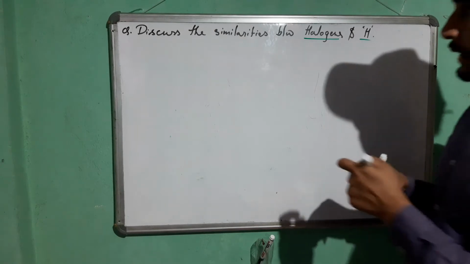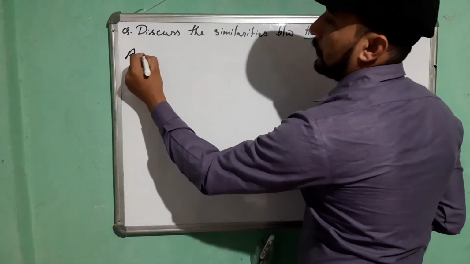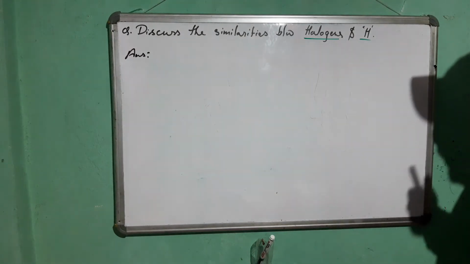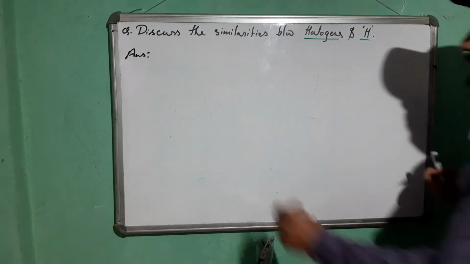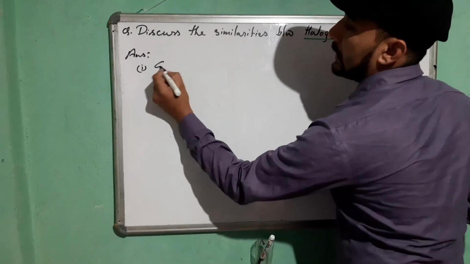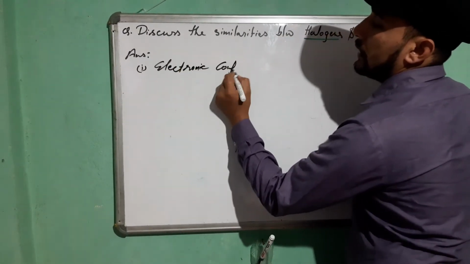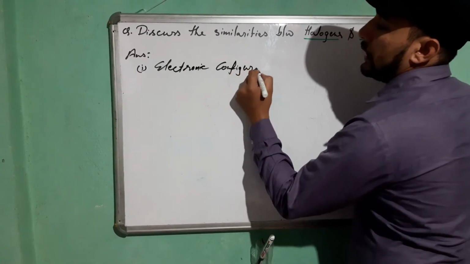So, answer. The similarities between hydrogen and halogens are: number one, electronic configuration.